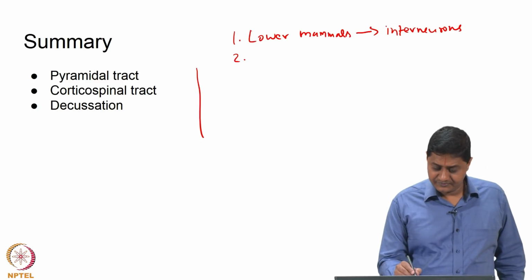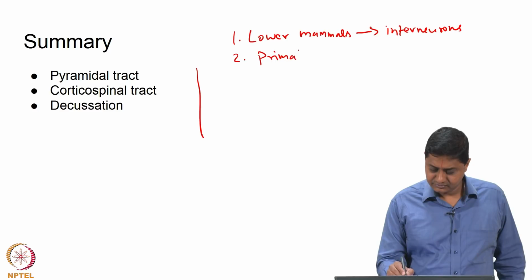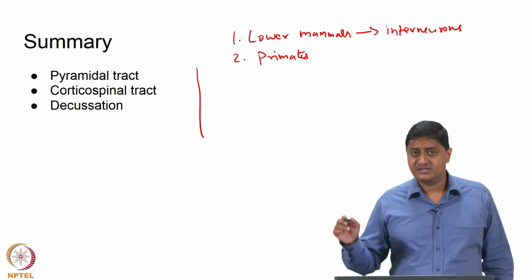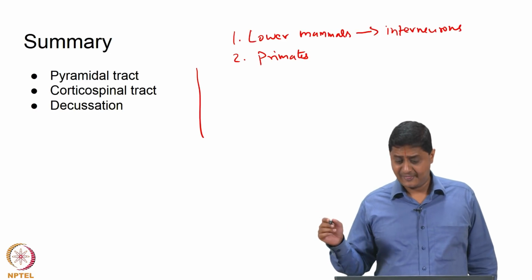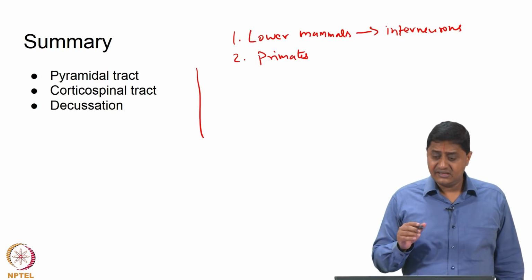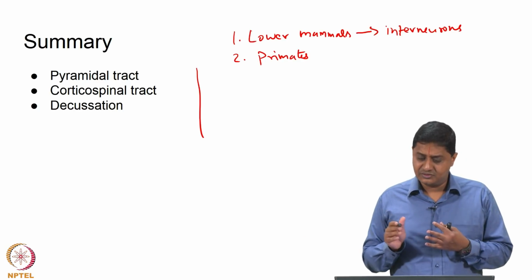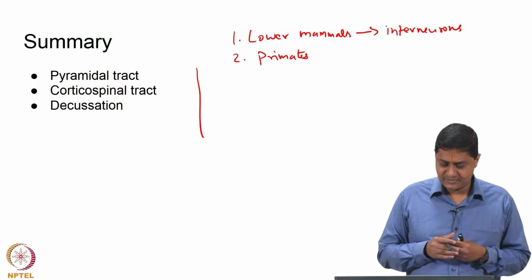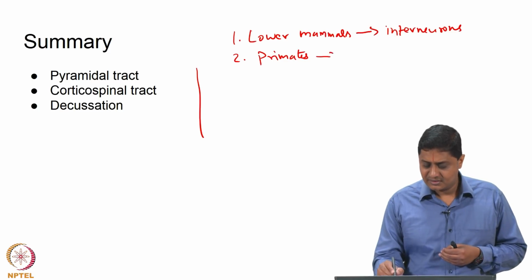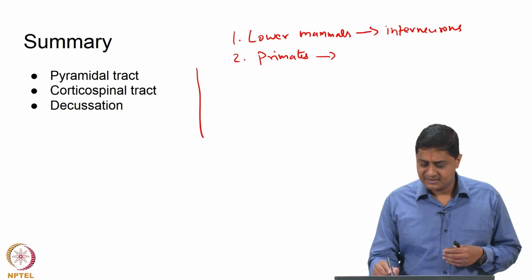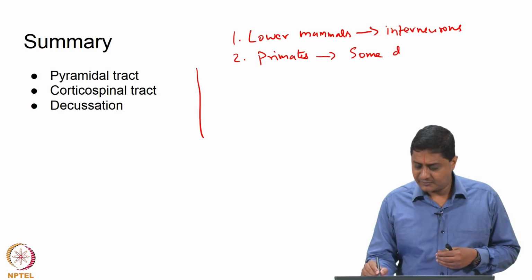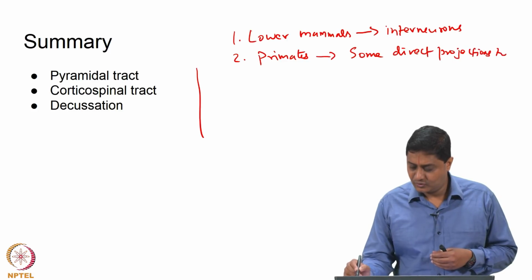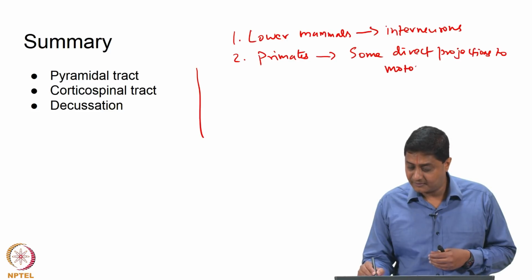In primates though, starting with macaques, great apes, then humans, right, the amount of direct projections to the motor area within the spinal cord increases. So, in primates or in lower primates, there are some direct projections to motor neurons of the spinal cord.